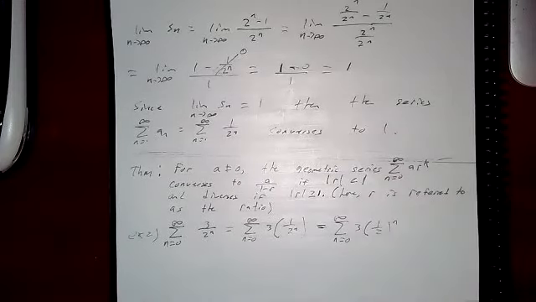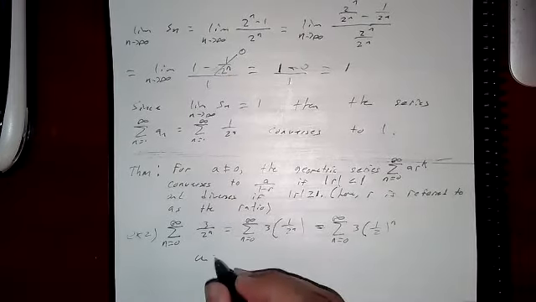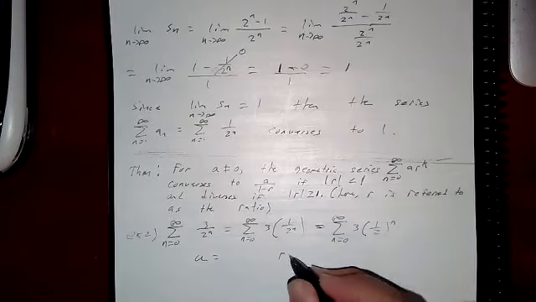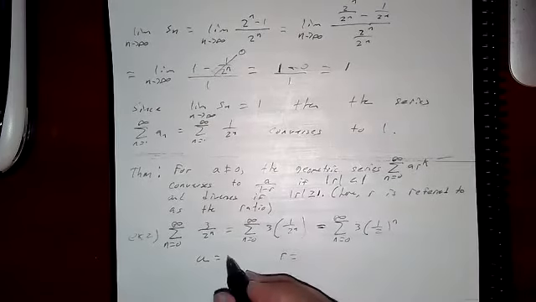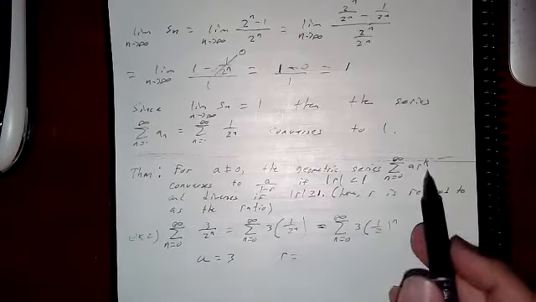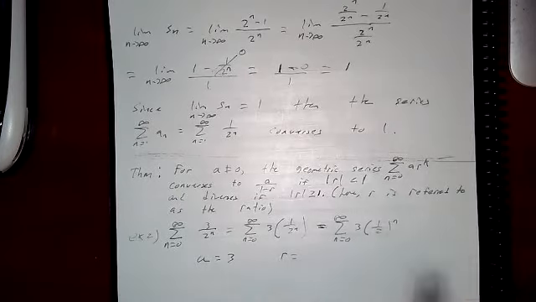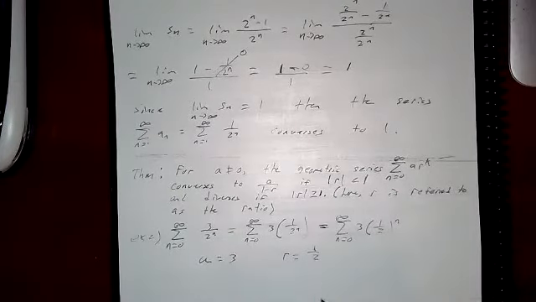So we can rewrite it this way. Now it is obvious, right? What is R and what is A? A is the number in front, the constant. R is the ratio, which is a half.